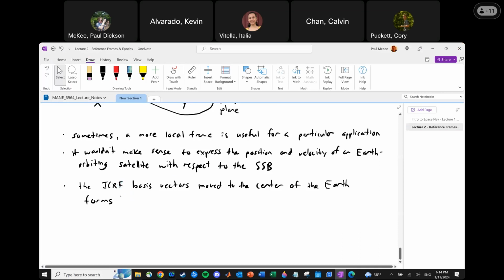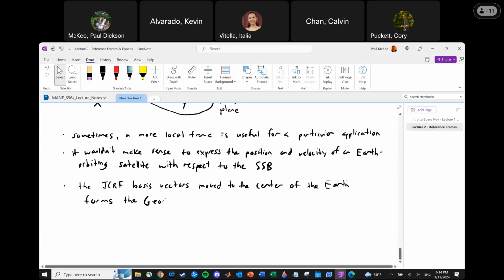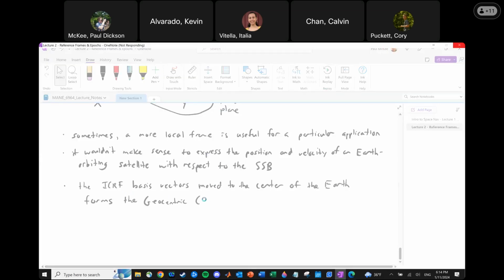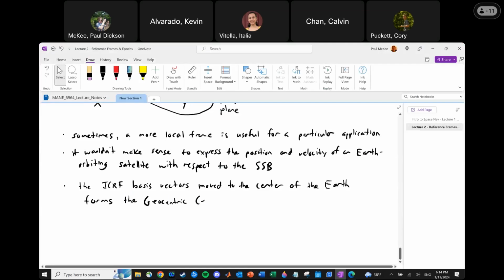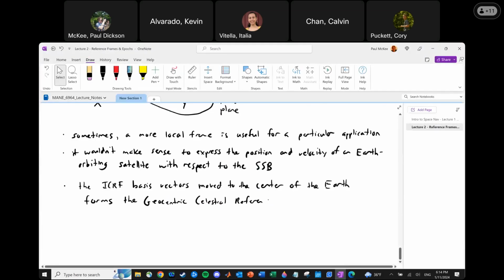So just because I'm almost done with a sentence, forms what we call the geocentric celestial reference frame.